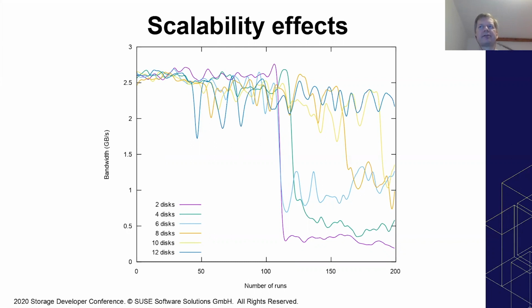But we also see that the fluctuation is increasing with the number of disks. And we also see that the raw disk performance happening after the cutoff is also increasing more or less with the number of disks.